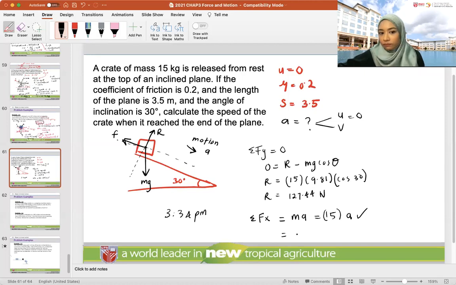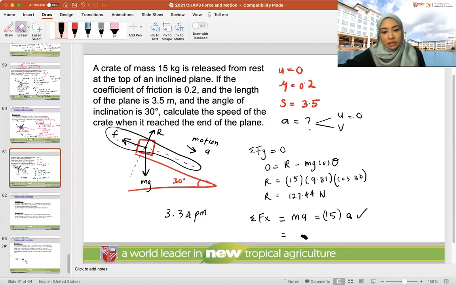Cari A guna equation V sama dengan U plus A T. Bukan. Saya nak tahu equation yang kita patut tulis daripada free body diagram. Maksud doktor? Maksudnya free body diagram saya ni ada friction, ada reaction, ada mg.